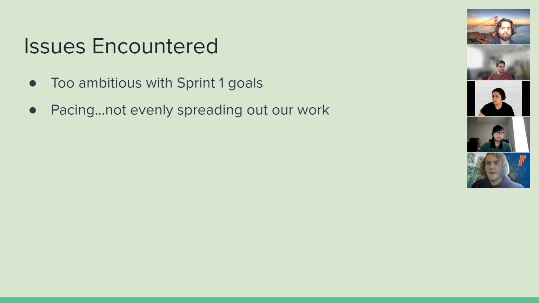So some of the issues encountered, this kind of goes off what I was talking about with the testing. We were a bit ambitious with our Sprint 1 goals. Looking back at it, we basically set ourselves to code our entire project in Sprint 1. So that's going to reflect our Sprint 2 backlog, just to spread out our goals, which goes on to our second issue of pacing.